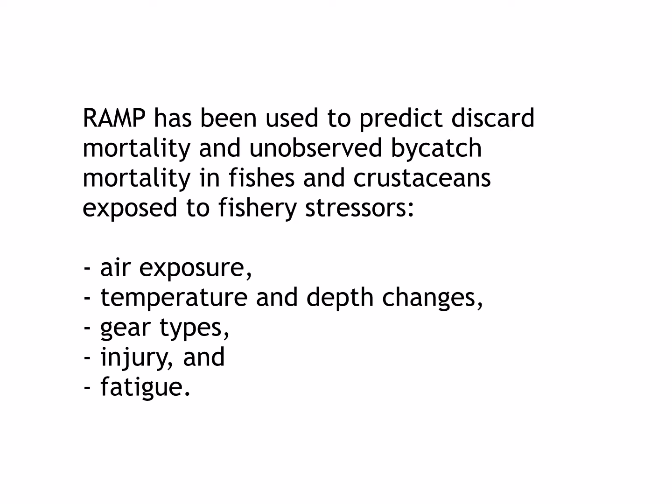RAMP has been used to predict discard mortality and unobserved bycatch mortality in fishes and crustaceans exposed to fishery stressors: air exposure, temperature and depth changes, gear types, injury, and fatigue.